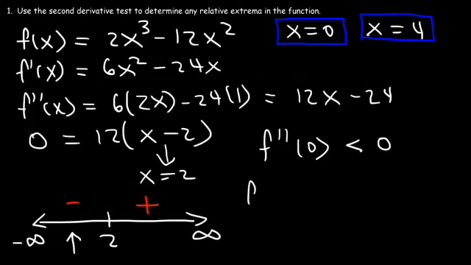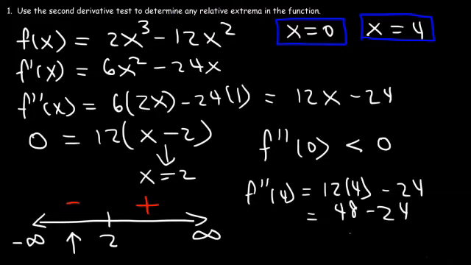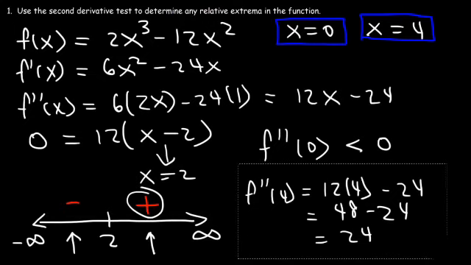So for the second derivative, instead of using a sign chart, I evaluate f double prime of 4, so that's going to be 12 times 4 minus 24. 12 times 4 is 48, 48 minus 24, so that's positive, and as you can see, 4 is between 2 and infinity, so that's going to be positive as well.